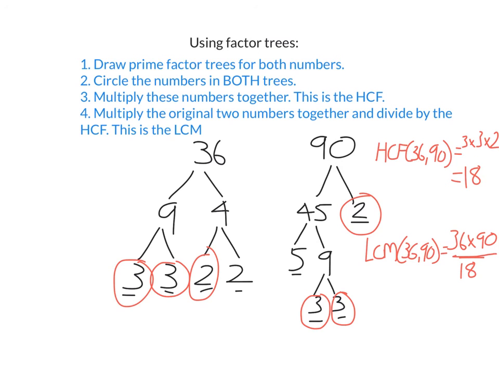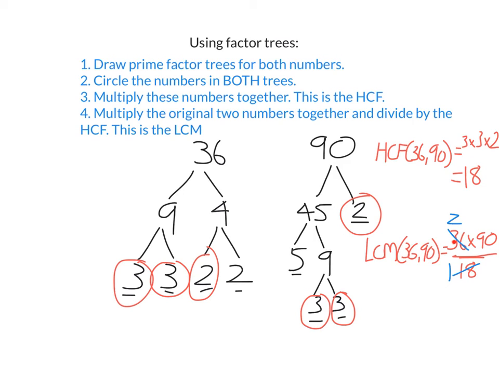Now, if you're not allowed to use a calculator, this would be tricky. 36 times 90 is not that easy for people to do in their heads. So here's a trick you can use. You can divide the first number by what's on the bottom. We know 18 goes into itself once and goes into 36 twice. We're simplifying, and it makes the calculation so much simpler.